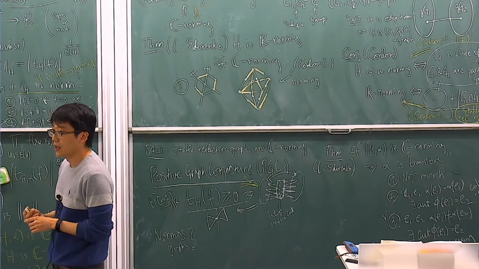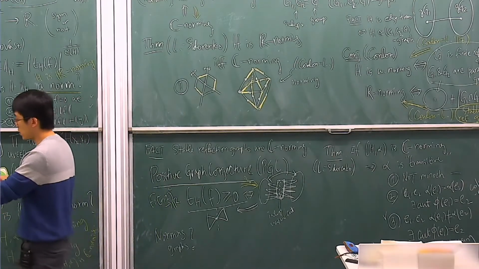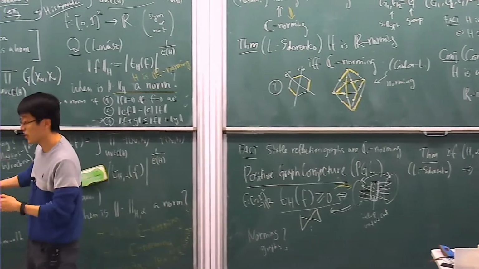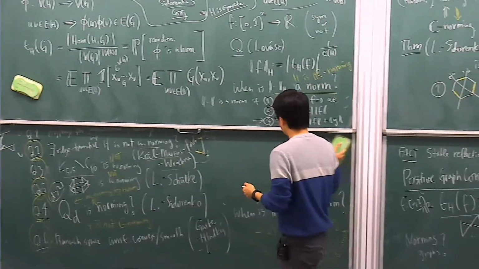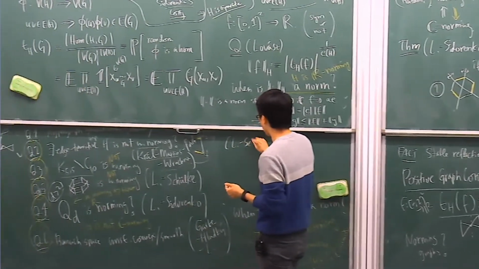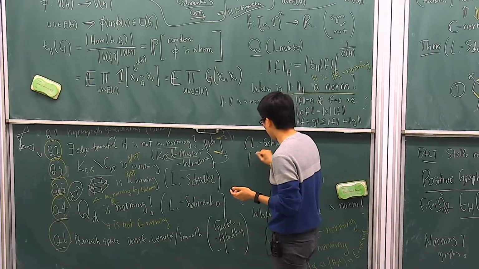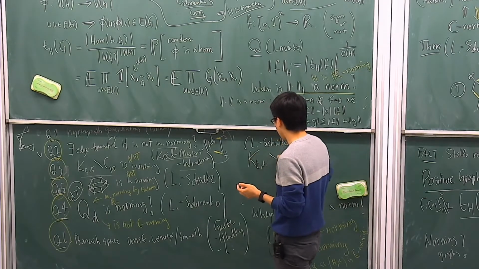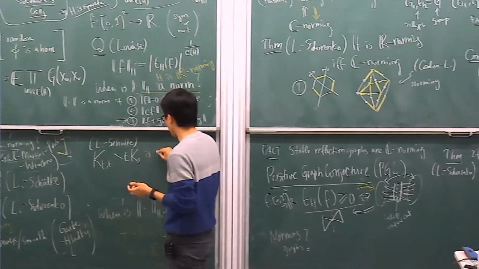In general it's quite interesting to distinguish between the norming property and the weak norming property for various examples. For example, in the paper by myself with Bjarne, we proved that this graph, K_{t,t} minus a perfect matching, is not norming.